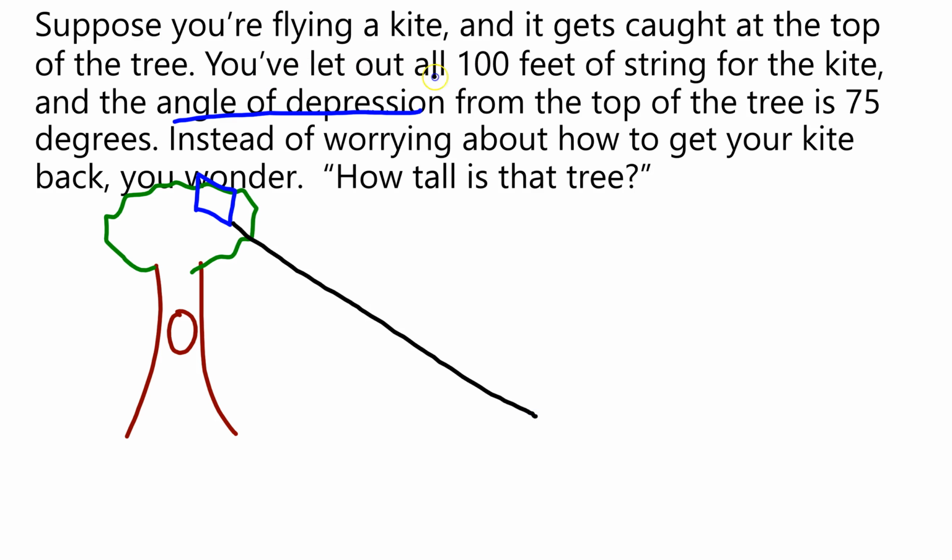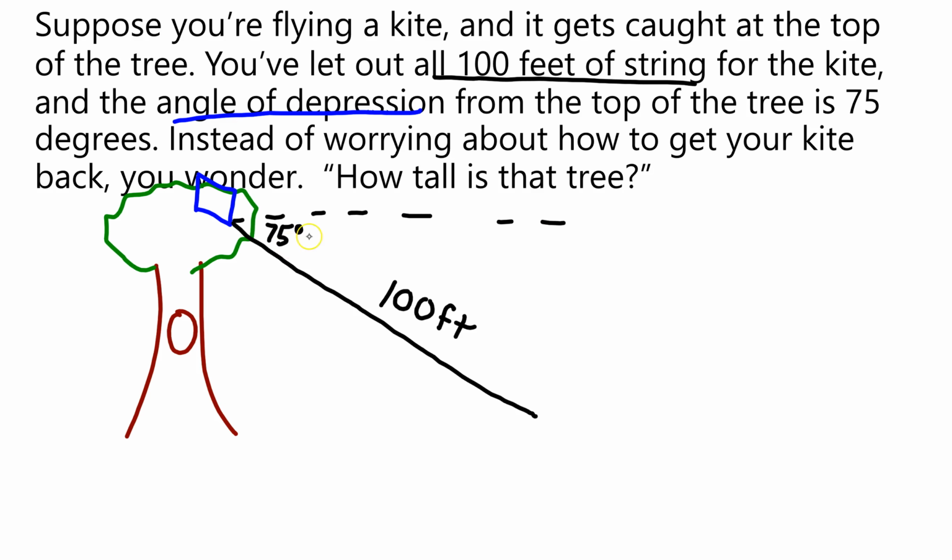So it says you've let out all 100 feet of the string, so there is the 100 feet of string for the kite, and we know that the angle of depression from the top of the tree is 75 degrees. How we know that, no one will ever know, but the angle of depression here is 75 degrees.